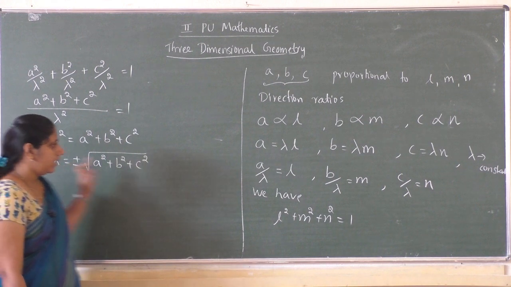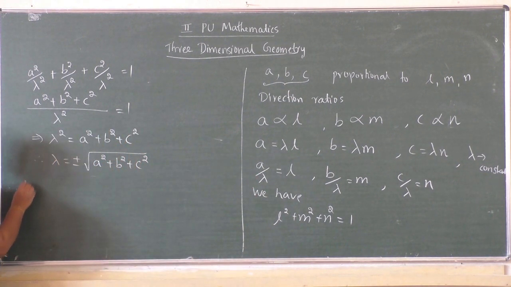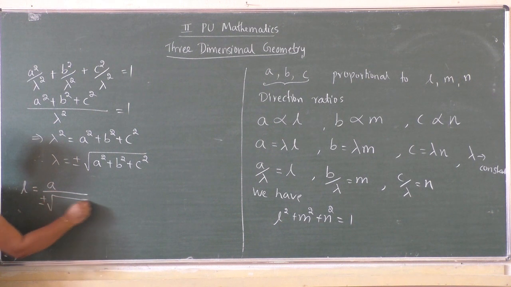Now substitute this lambda in this equation. What do we get? Therefore L is A by plus or minus root of A square plus B square plus C square.